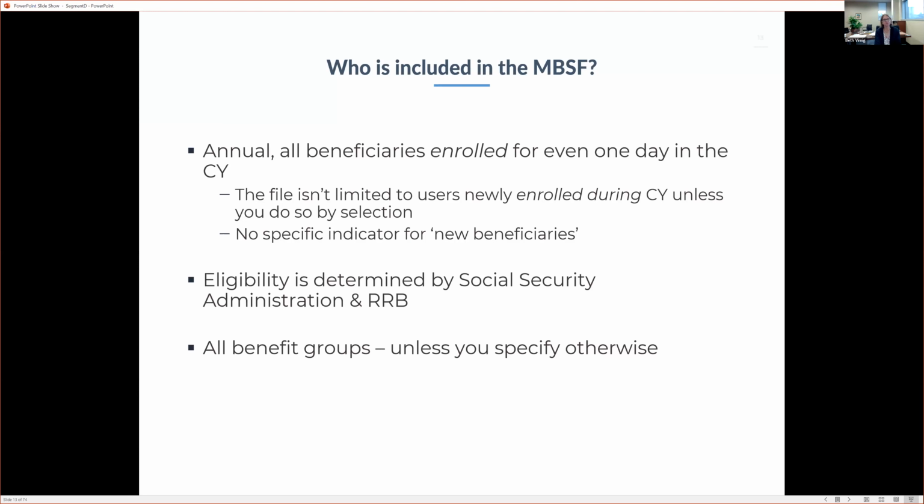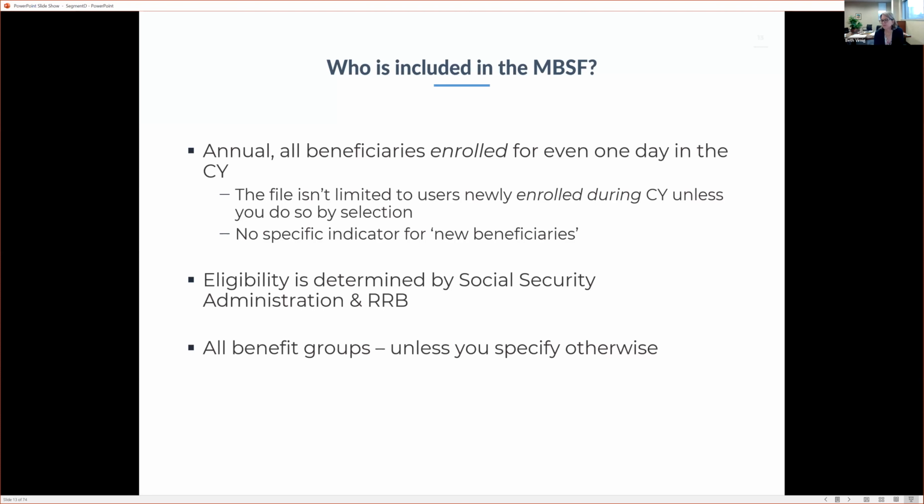As a reminder, eligibility for Medicare is actually not determined by Medicare. It's determined by the Social Security Administration and the Railroad Retirement Board. So this is not something where you can say CMS did it wrong. CMS doesn't do it. Social Security and the Railroad Retirement Board do. And again, this file, the MBSF, don't forget, includes all benefit groups.